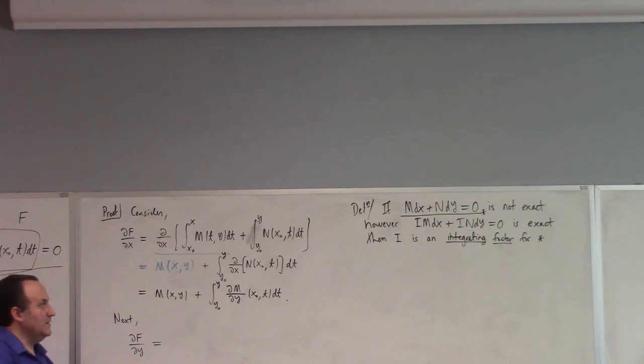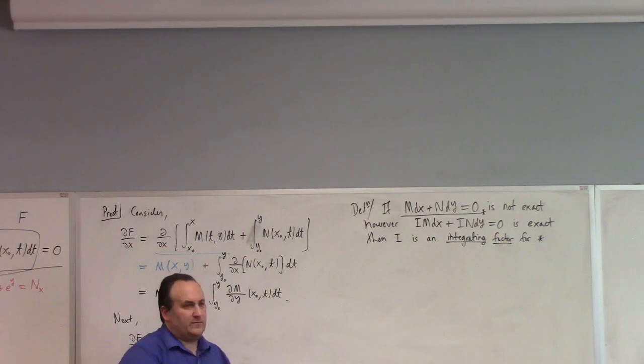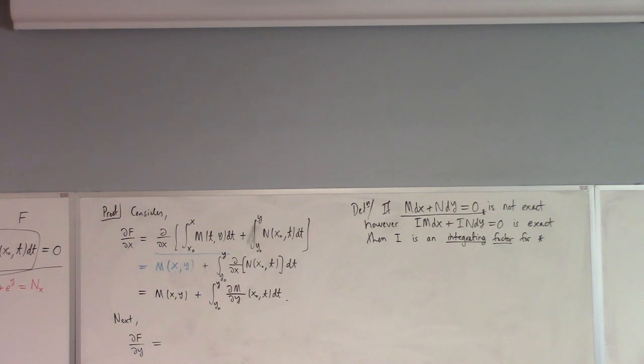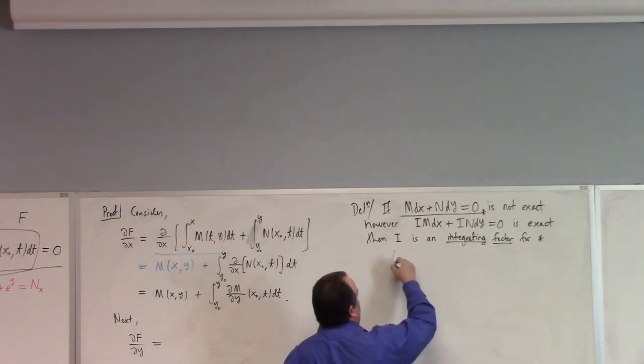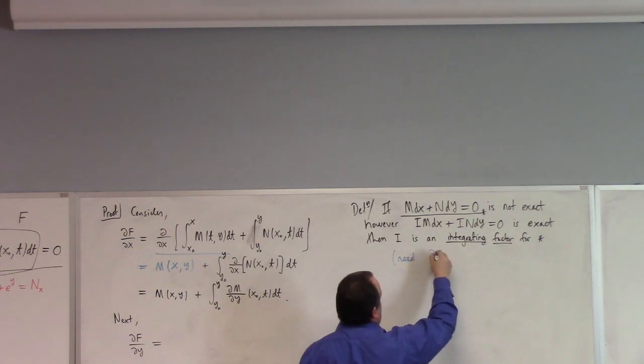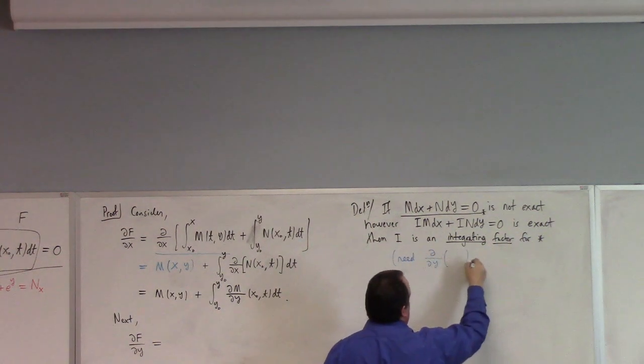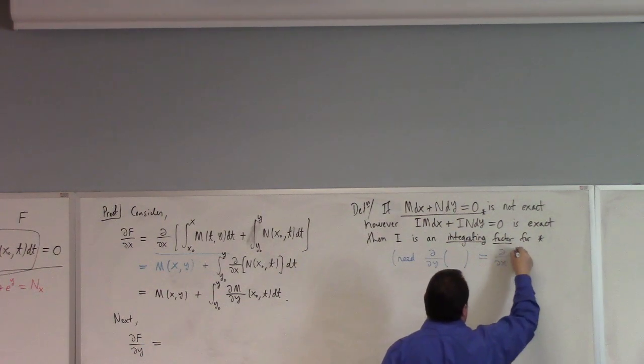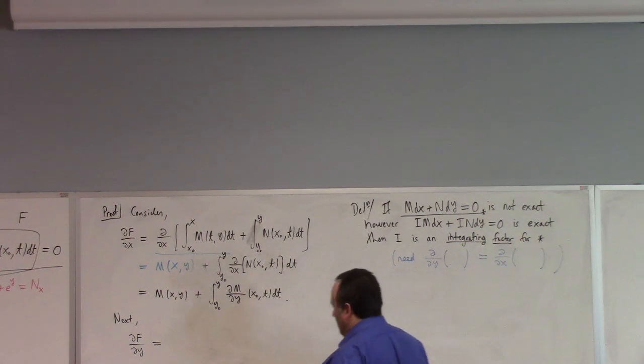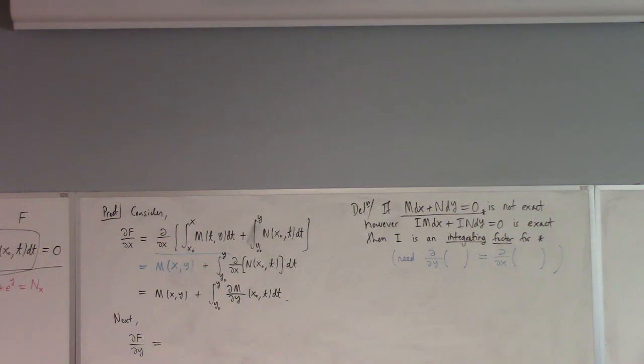All right. So what would this mean? What condition would I have to solve? You'd need that the partial derivative with respect to y of something equals the partial derivative with respect to x of something else. Fill in my blanks. What goes there? If im dx plus in dy is exact, what do we have to have?